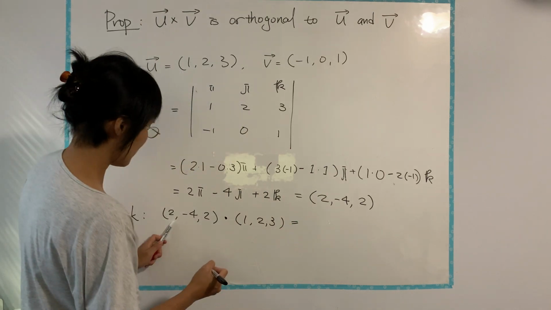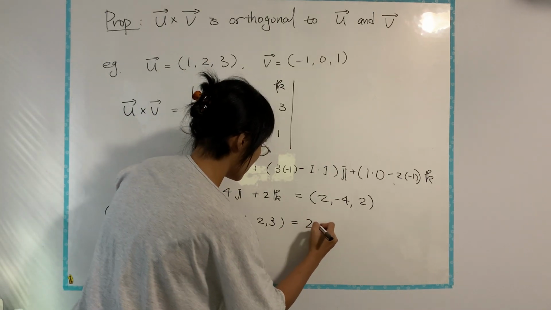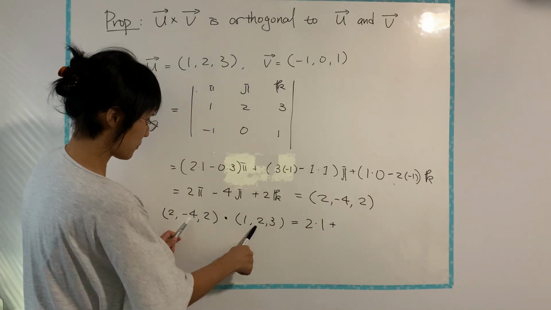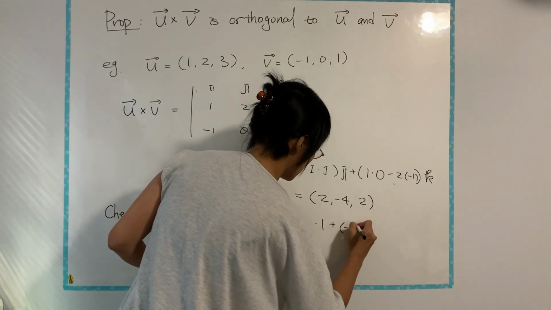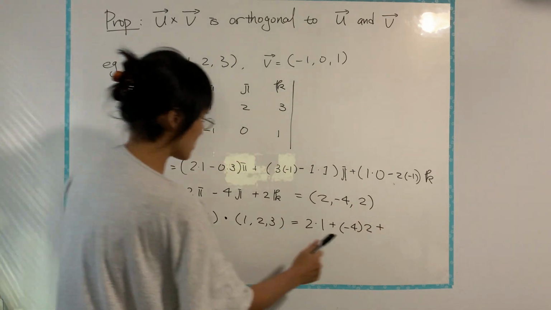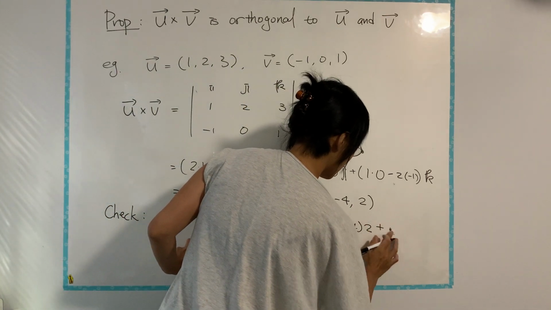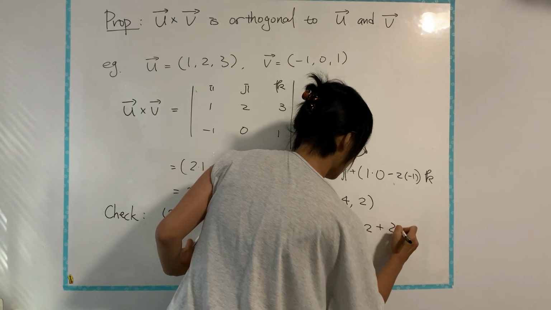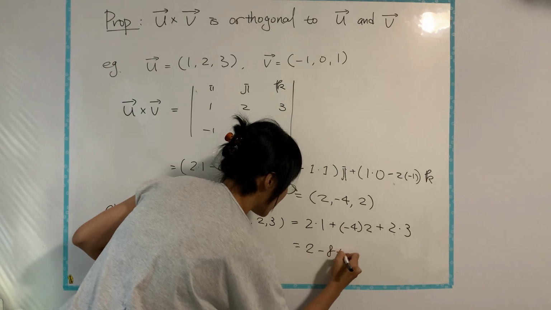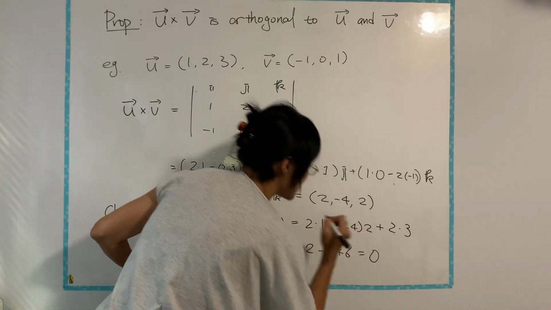According to the formula, I have 2 times 1 plus minus 4 times 2 plus 2 times 3. That's 2 minus 8 plus 6 equals 0.